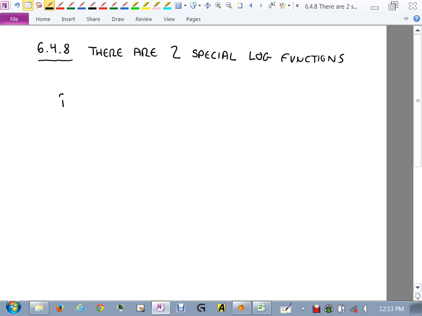They are, first of all, f of x equals log base 10 of x. And why did we say that the base 10 was an important function? Base 10 number system, right? 10 fingers. A lot of things are base 10. Metric system is base 10.